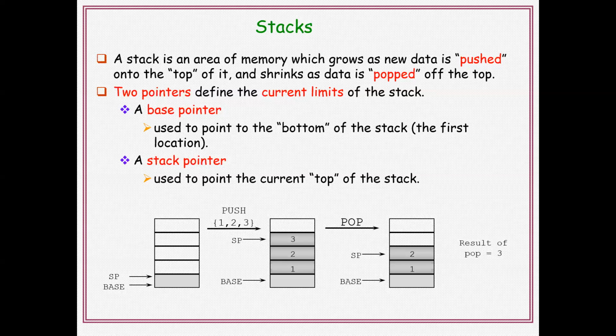The base pointer is used to point to the bottom of the stack, the first location. The stack pointer is used to point to the current top of the stack. Always the top of the stack is pointed to by the stack pointer, and the bottom of the stack is pointed to by the base pointer.